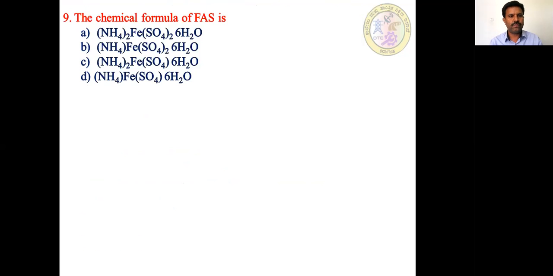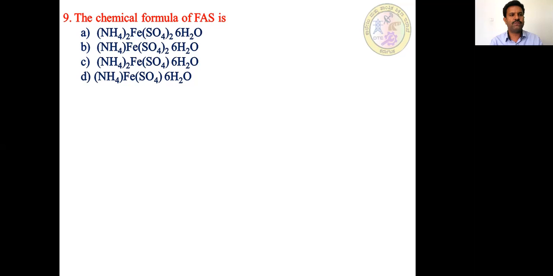Option D. Question number 9. The chemical formula of ferrous ammonium sulfate is option A, (NH4)2Fe(SO4)2·6H2O, option B, NH4Fe(SO4)2·6H2O, option C, (NH4)2FeSO4·6H2O, option D, NH4FeSO4·6H2O.